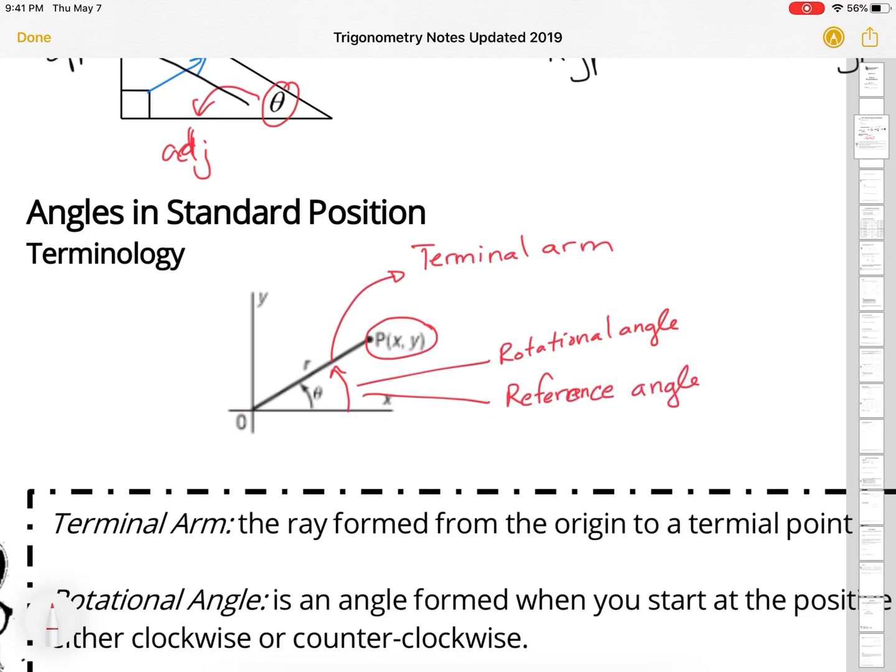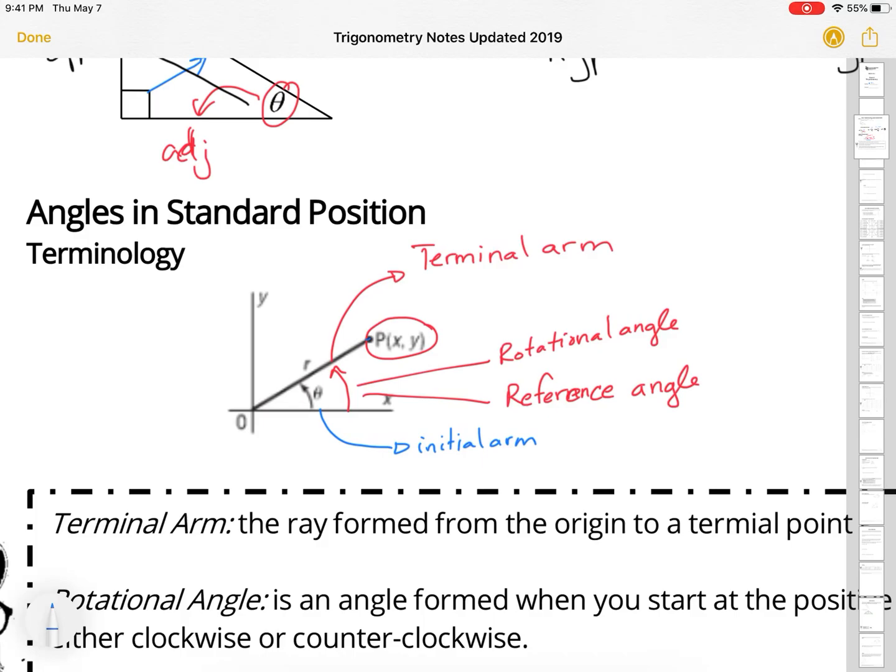The angle the arm has with the x-axis is also called the reference angle, and we'll talk a lot about reference angles as we go on. And this x-axis here is always the initial arm.